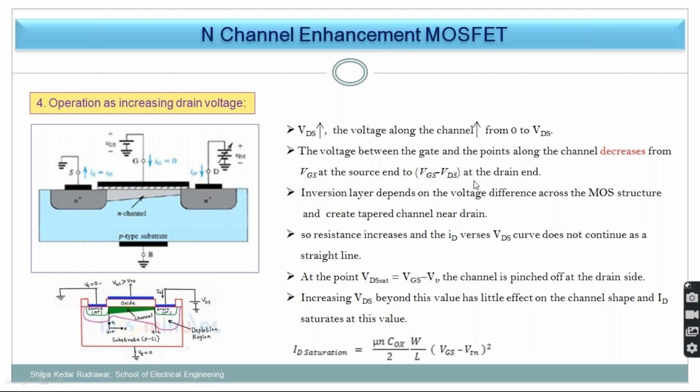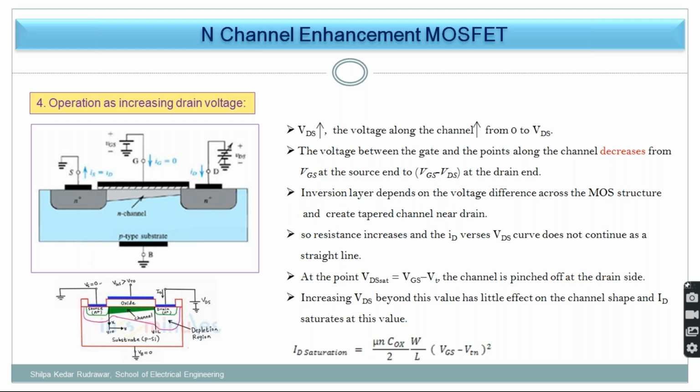This is called a constant current source. What is a constant current source? A constant current source means the current will remain constant whatever the change in voltage. The same is happening over here. So when the MOSFET is in the saturation region, it is acting as a constant current source. Hope you are getting the things.